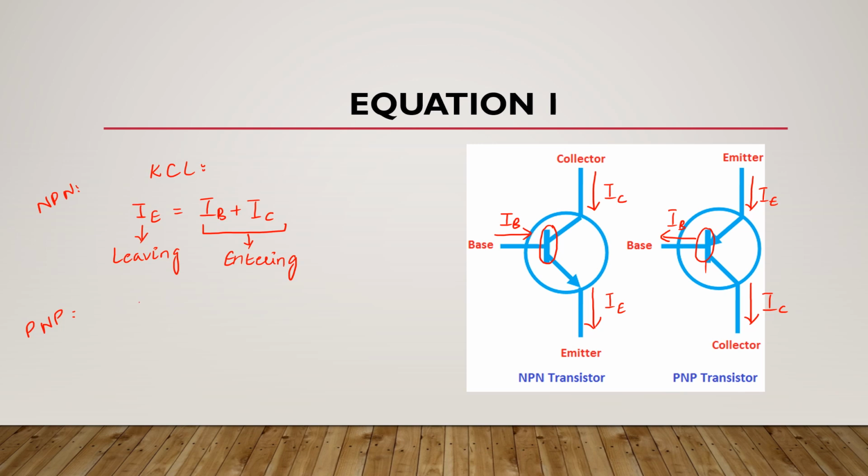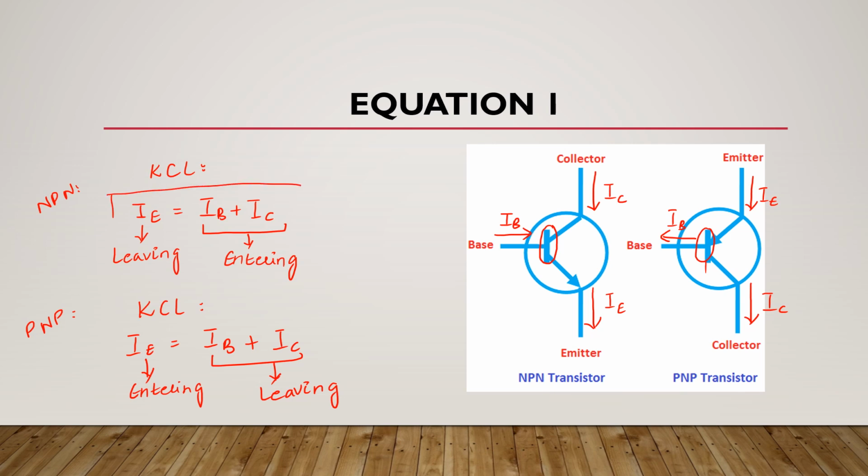So if we apply Kirchhoff's current law here, we get the equation IE is equal to IB plus IC, where IE is entering and these two currents are leaving. It means in both NPN and PNP transistors we are getting this equation.